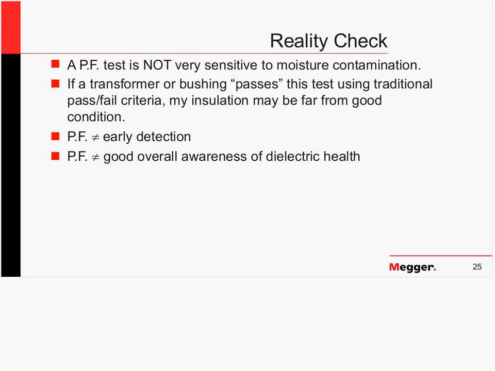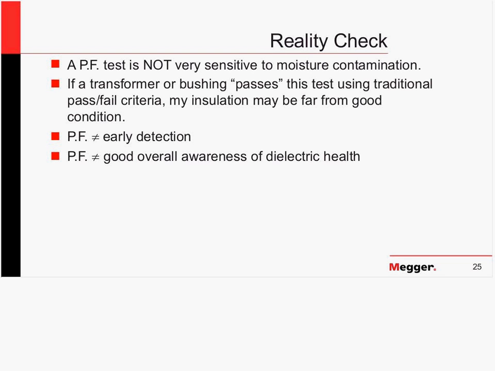So just for a reality check, I would offer to you that it turns out a power factor test is not very sensitive to moisture contamination. Also, if a transformer or bushing passes this test using traditional pass-fail criteria, I would want you to know that your insulation may still be far from good condition.